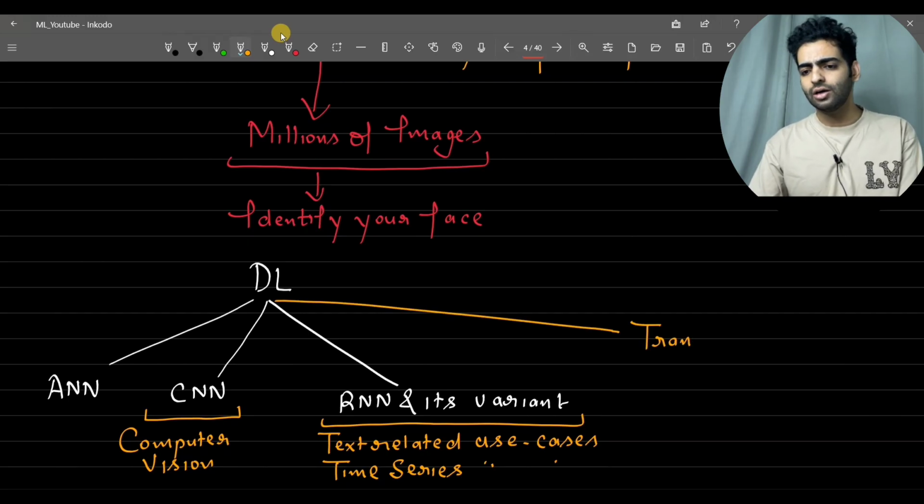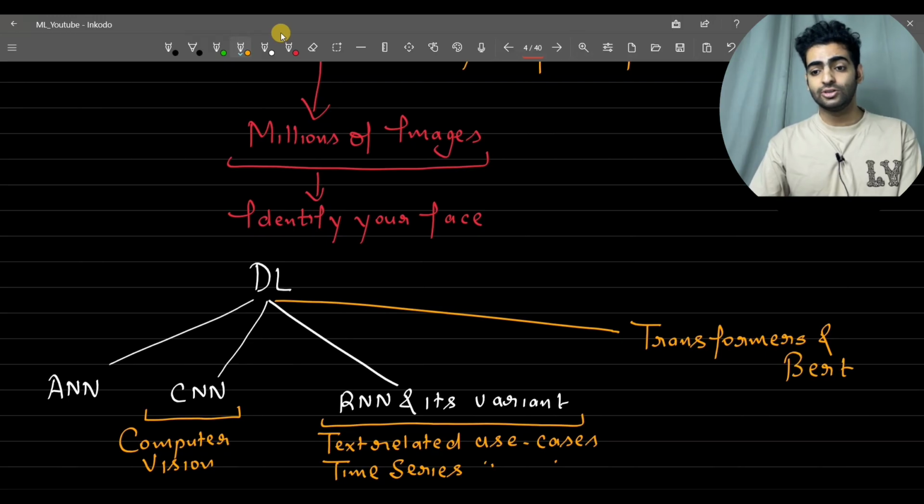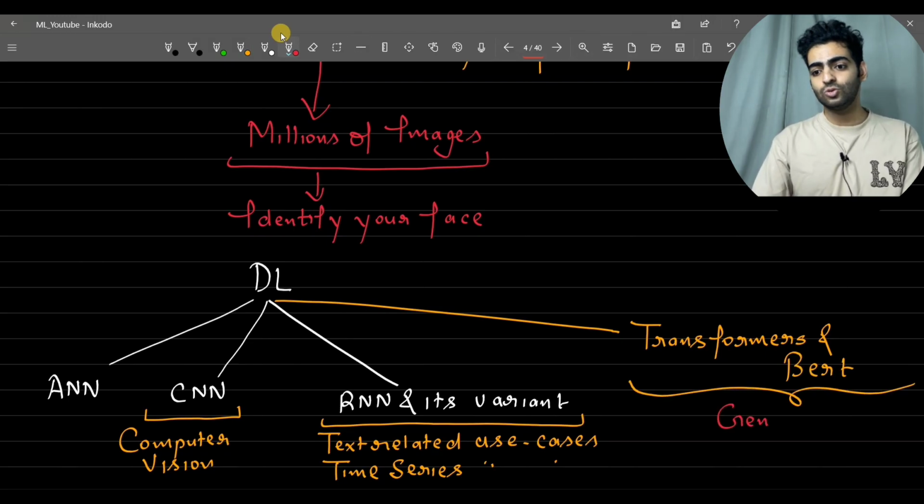There is also a whole area known as transformers and BERT in deep learning, and once you learn what transformers and BERT are, then you can deep dive into generative AI.